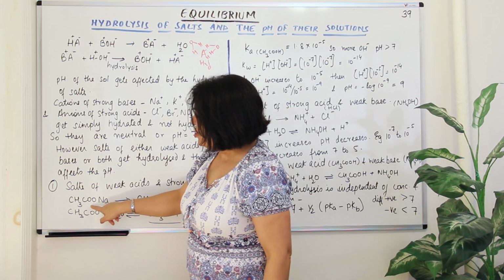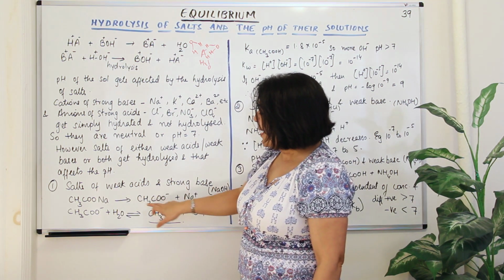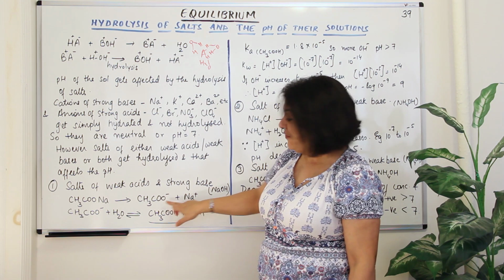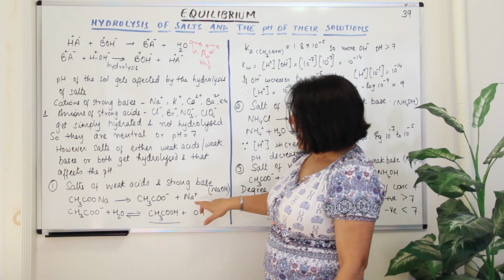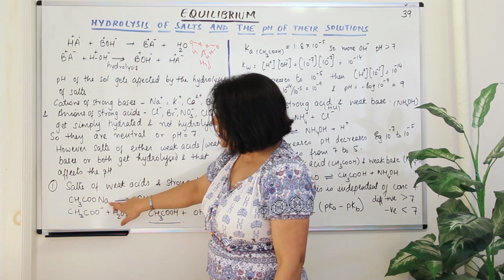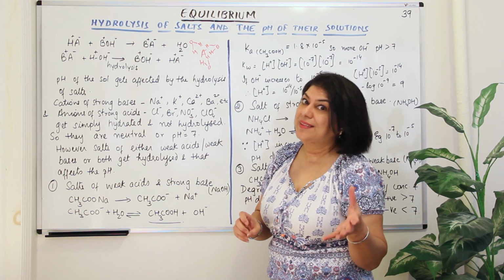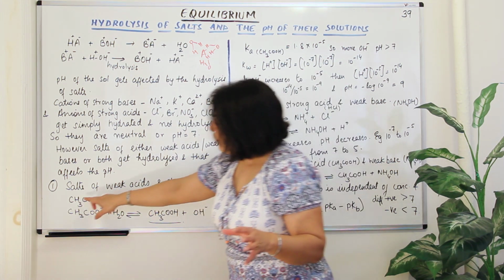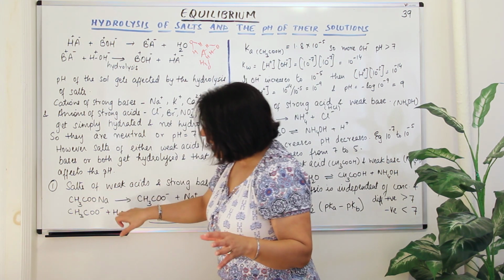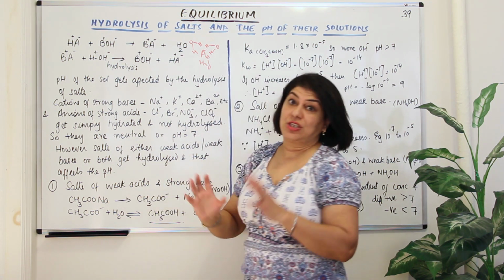For example, CH3COONa is a salt that has the two ions CH3COO negative and Na positive. And what would it have been formed from? It would have been formed from sodium hydroxide as the base, and acetic acid, which is a weak acid, as the acid. So the salt formed is CH3COONa. CH3COO negative is weak while Na positive is strong.